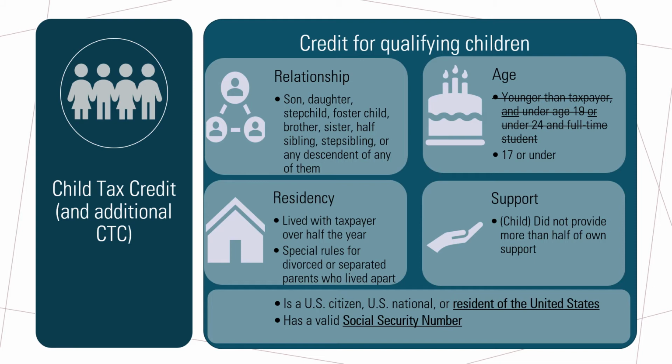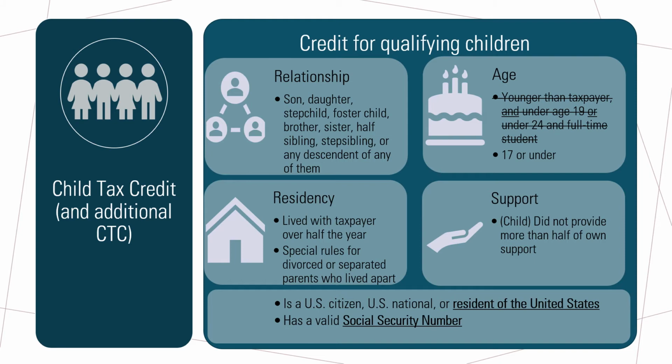So, you know, son, daughter, stepchild, foster child, brother, sister, half sibling, step sibling, or a descendant of any of them. It's our age test that's a little bit different. So if you remember, to claim as a dependent as a qualifying child, they need to be under the age of 19, or if they're a full-time student, under the age of 24. Not for this credit. For this credit, and for 2021, it's 17 or under.